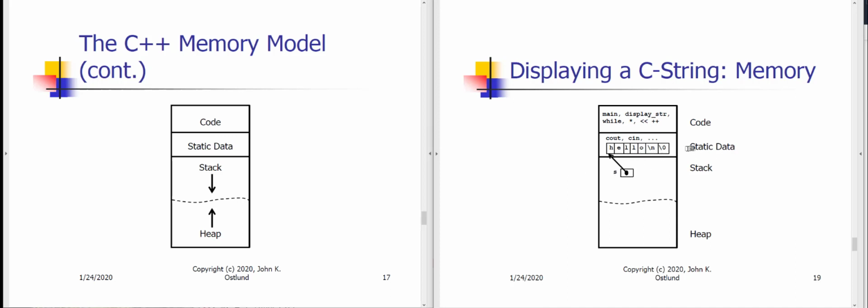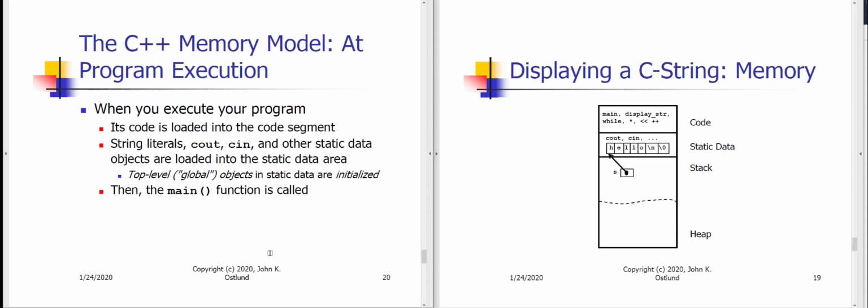The static data area contains the string literal hello, and also some other global variables like cout for output to the user's terminal and cin for input from the user's keyboard and some other things. When the DisplayStir function is called, its parameter s is created in this area called the stack, and when the DisplayStir function returns, that variable is then deallocated from the stack.